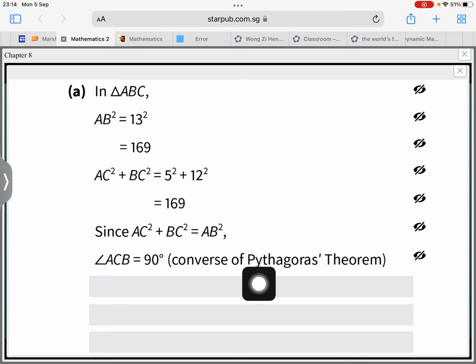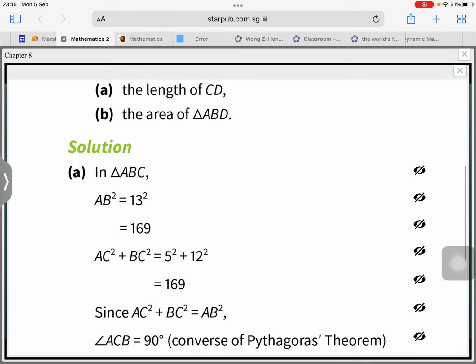So if I know that is the relationship of the three sides, and I can take any random triangle and show that it satisfies this relationship, where the square of the longer side equals the sum of the squares of the other two sides, then by the converse, meaning if I do a reverse logic, I will also be able to prove that this is a right angle triangle. So that is a simple way of explaining the converse. What does the converse mean?